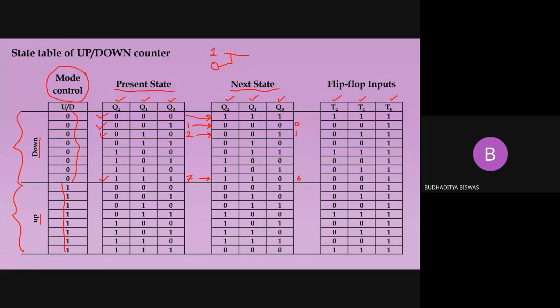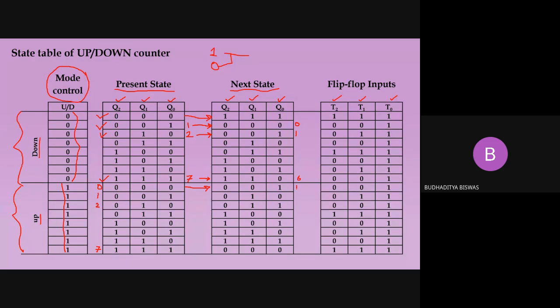Come to the last 8 rows where the up down switch is connected as 1. Here again you need to write all possible combinations, starting from 0, 1, 2 up to 7, and here it is counting in the up sequence. So after 0 it will go to 1.